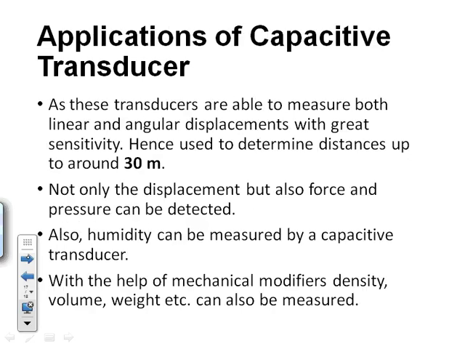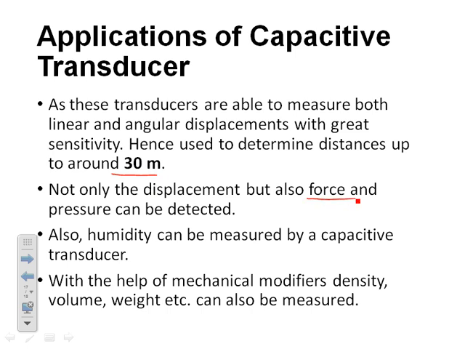Then the applications of the capacitive transducer. As the transducer is able to measure both linear and angular displacement with great sensitivity, hence it is used for determining the distance up to 30 meter. Not only displacement, but also force and pressure can be detected.